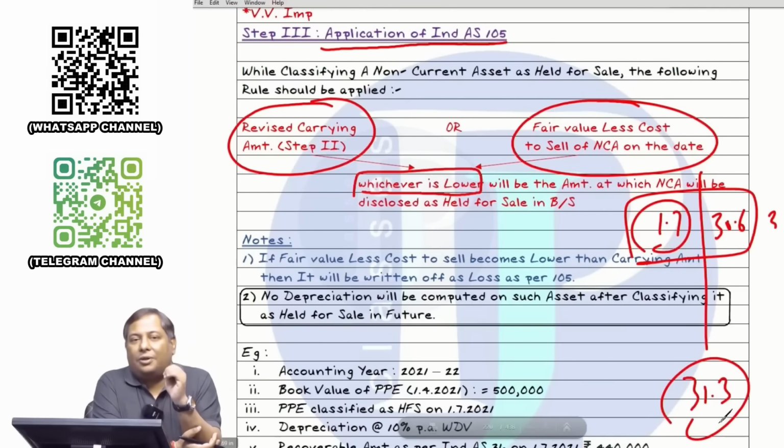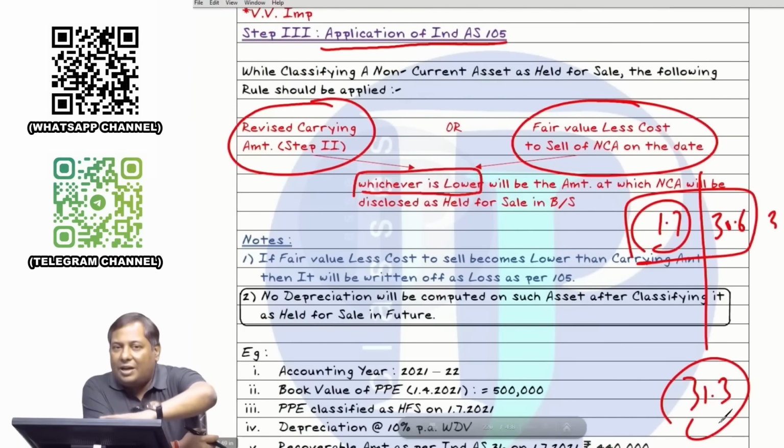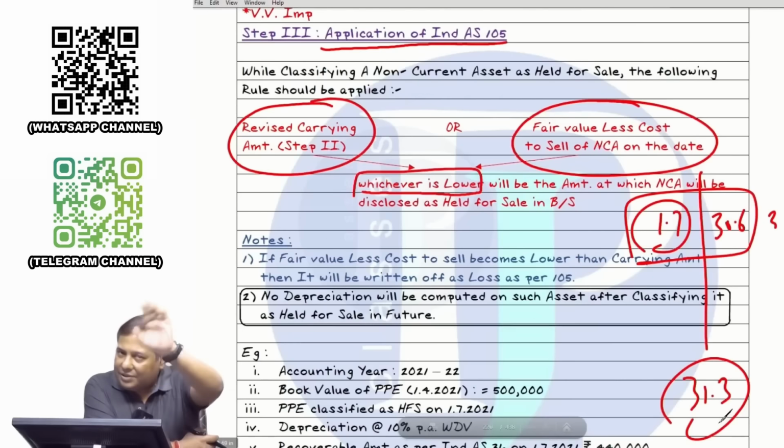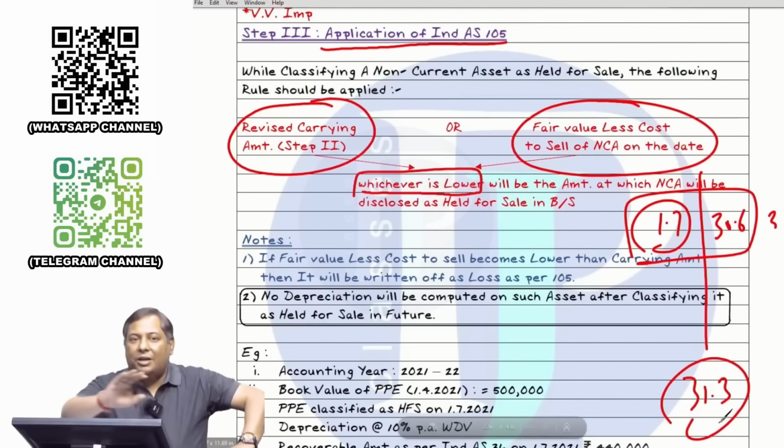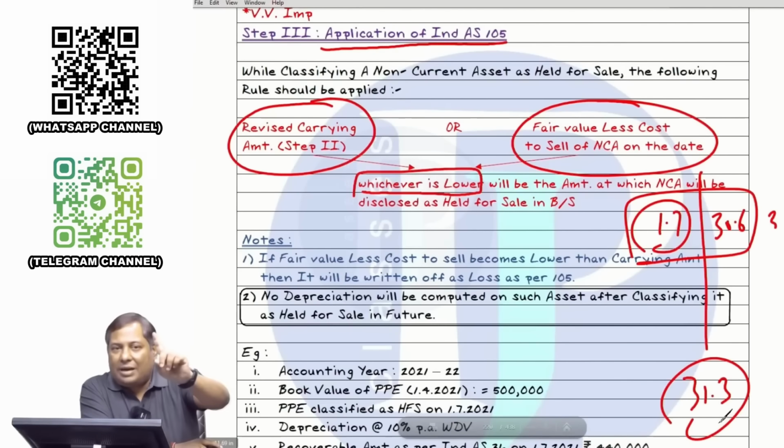In your asset under 105, its depreciation has stopped. The 680 classified in your example will remain 680 and there will be no depreciation, but on March 31st you have to calculate its value again. A balance sheet will come in between, you'll prepare it once a year.